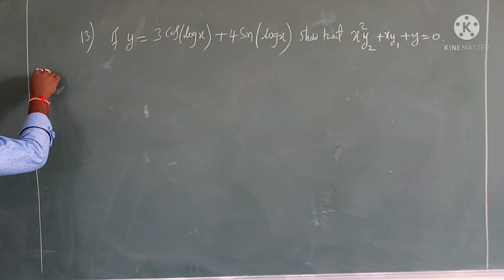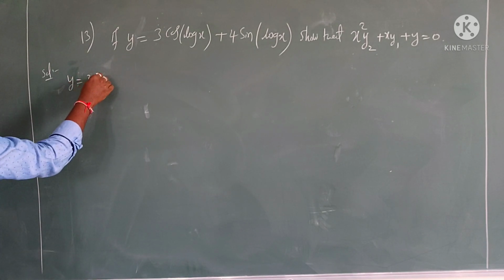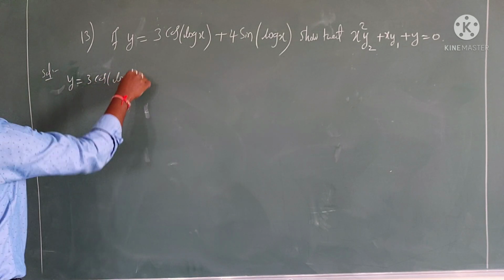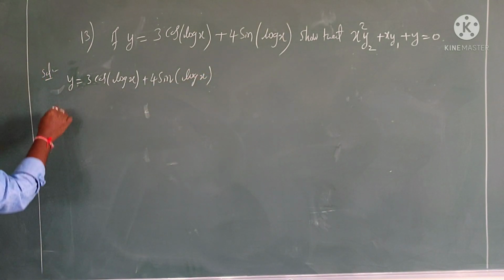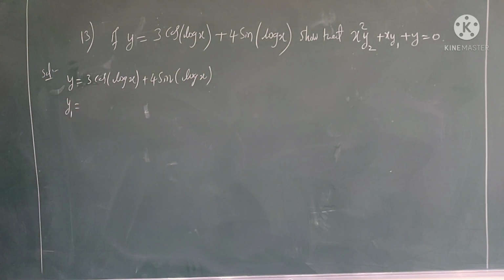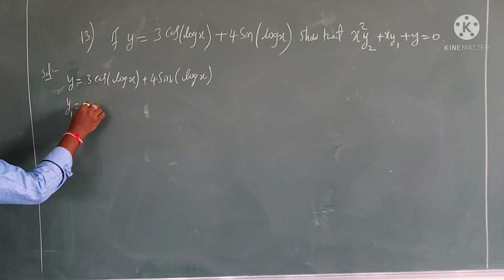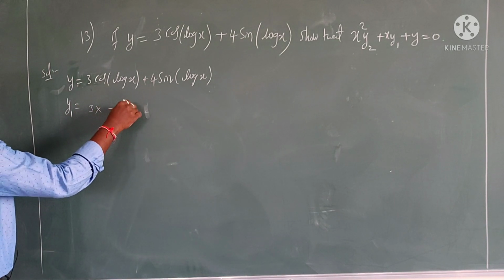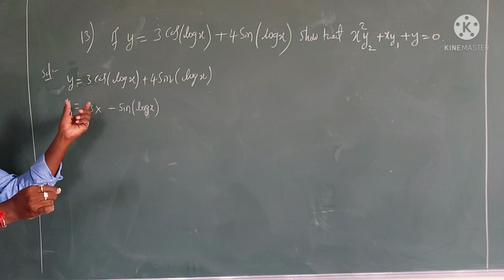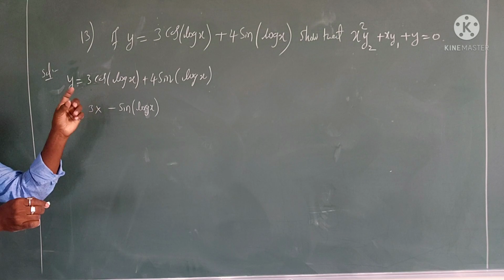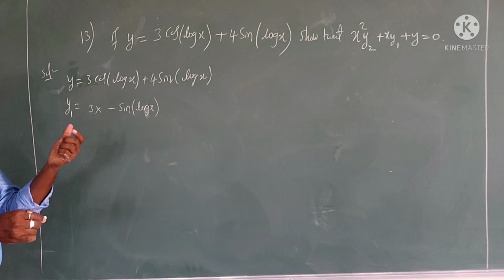Now they have given that y is equal to 3 cos log x plus 4 sin log x. So dy by dx is nothing but y dash. So y dash is equal to 3 into the differentiation of cos, which is minus sin log x, because cos something will become minus sin. Now the differentiation of log x is 1 by x.